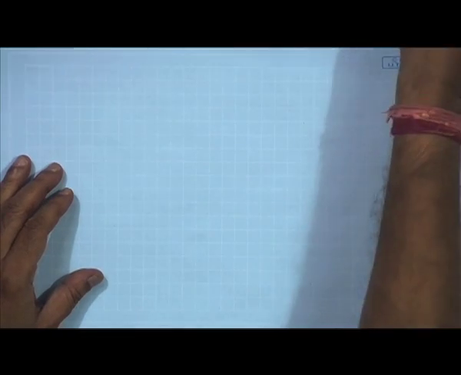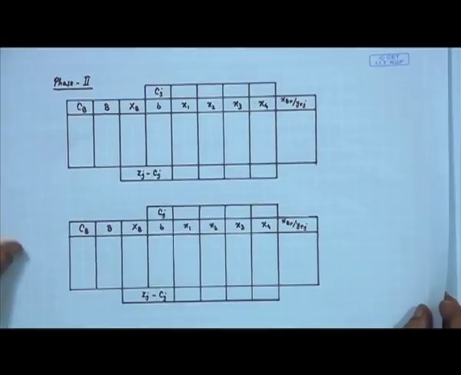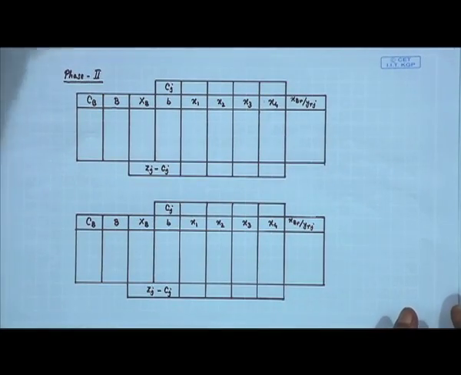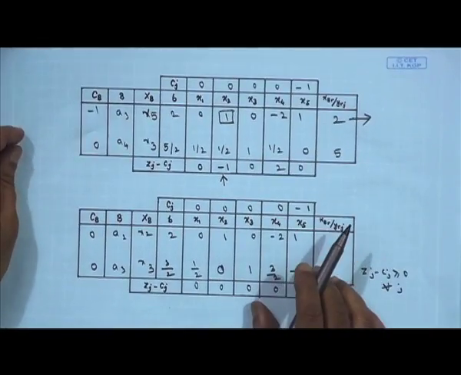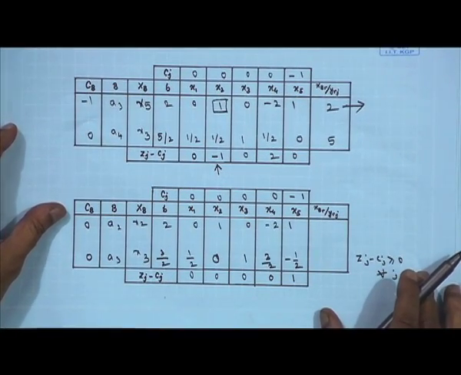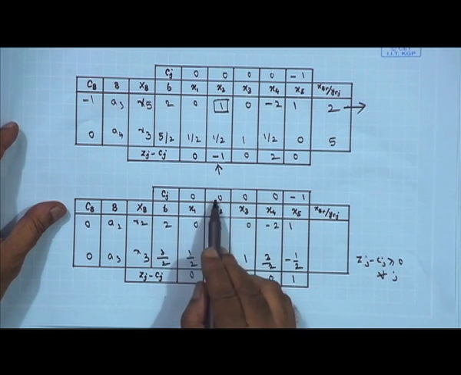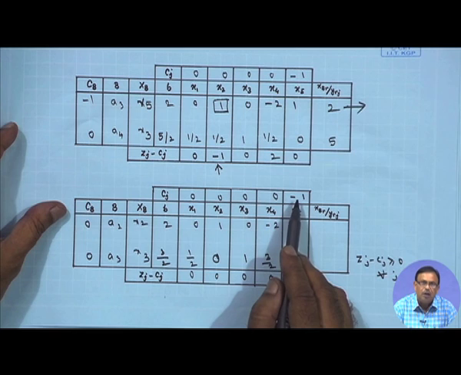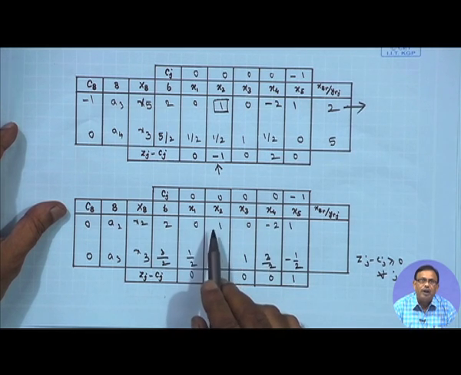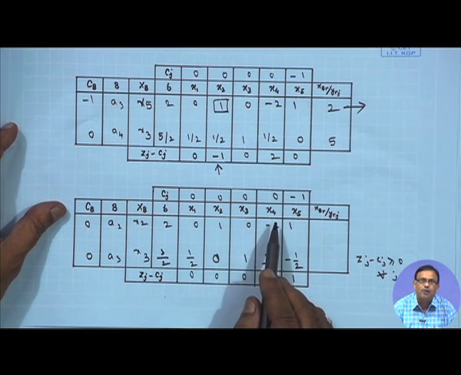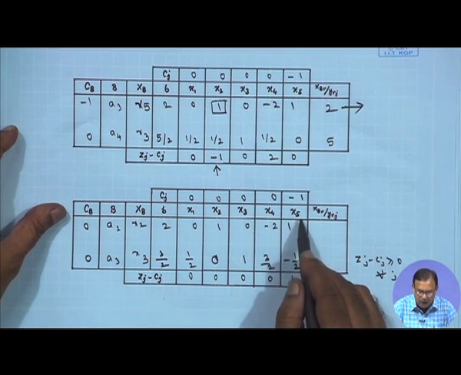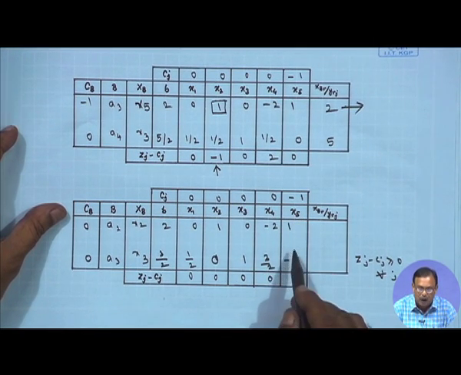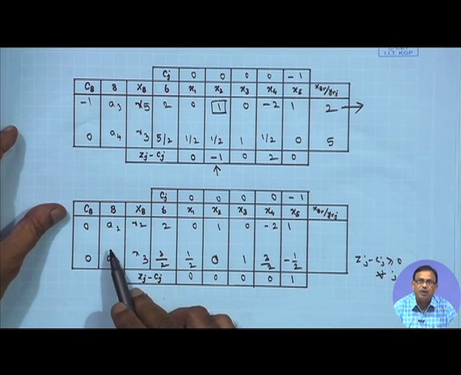In phase 2, again we will start with the earlier table only, with this table. The only change in this case is that the Cj values will be replaced by the original coefficients of the variables x1, x2, x3, x4. And also you see in the last table of phase 1, this variable x5 is not present in the basis.